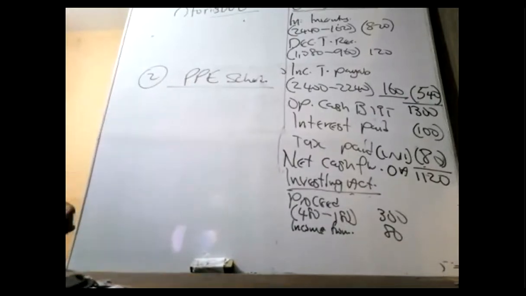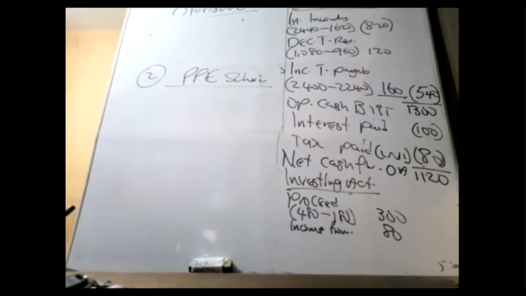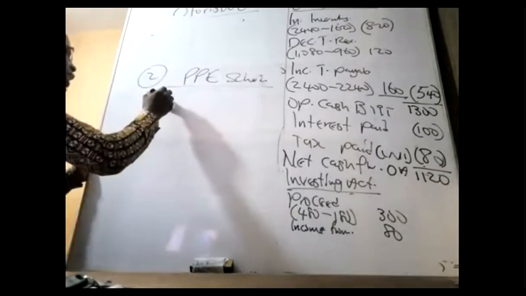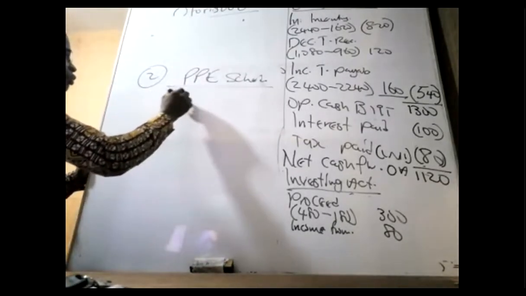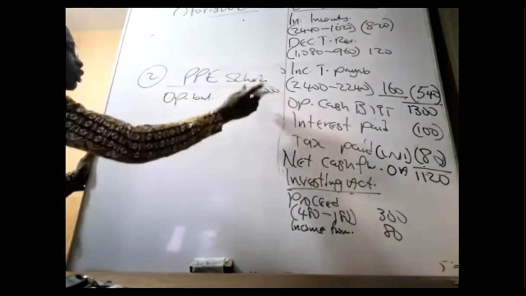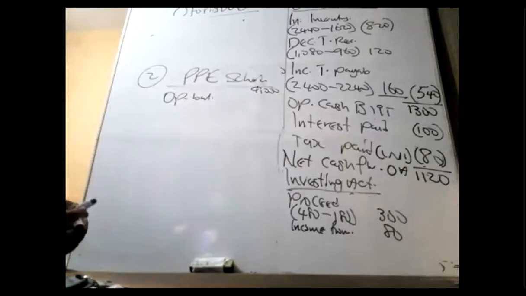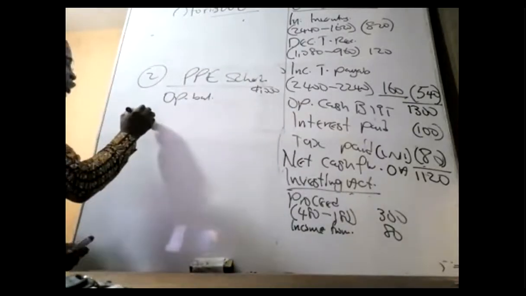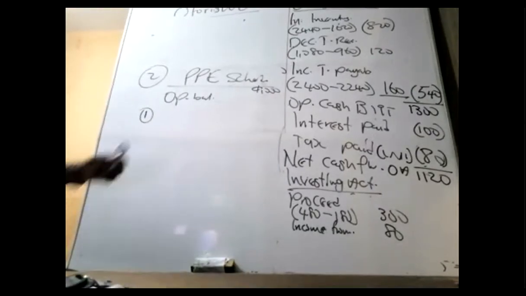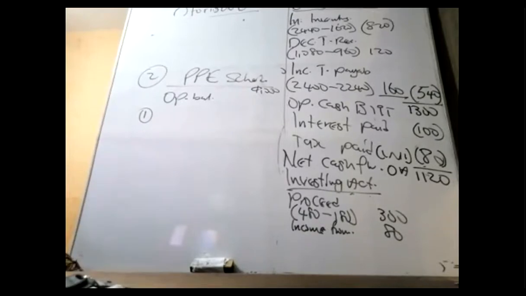First of all, do this. Start with the opening balance. So get the opening balance in and do the following items. Item number 1: any item that will affect PPE, can you write it? Let's go into the opening balance.